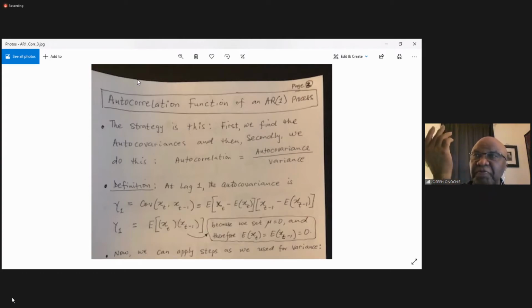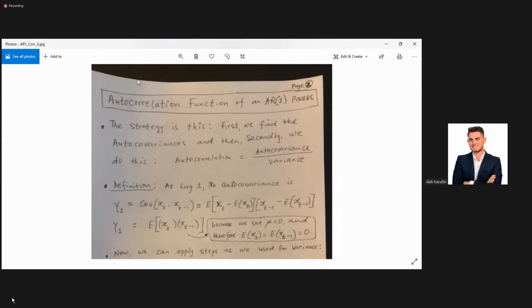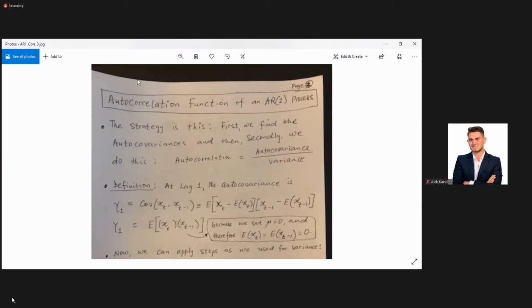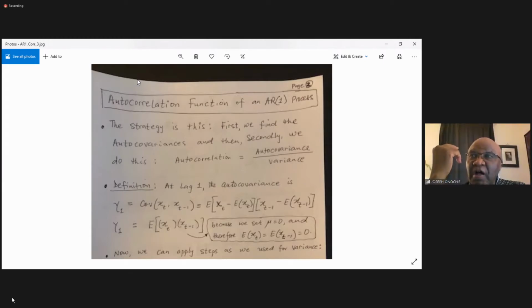I showed you the proof of the formula for the variance of an AR(1) process. Is that right? Yes. Okay. And I said that formula was the variance of an AR(1) process. It's also the autocovariance at lag 0. You agree, yes? Because the variance is the same as the covariance, is the same as the autocovariance at lag 0. Everybody agrees with that, yes?